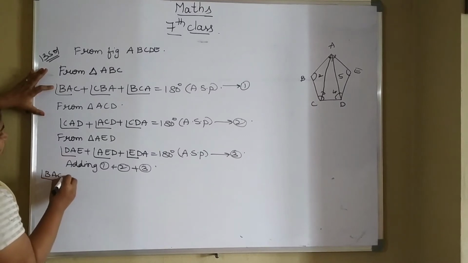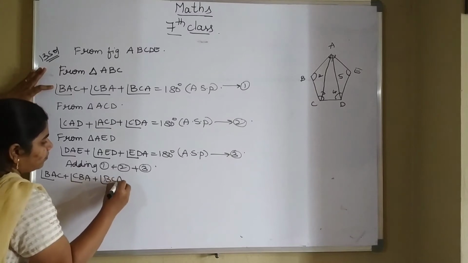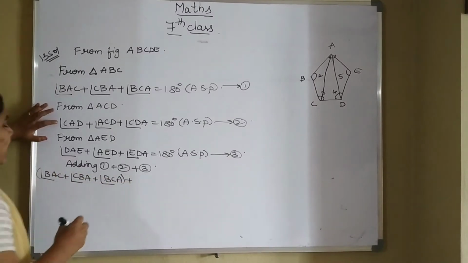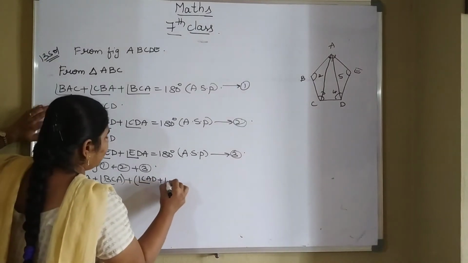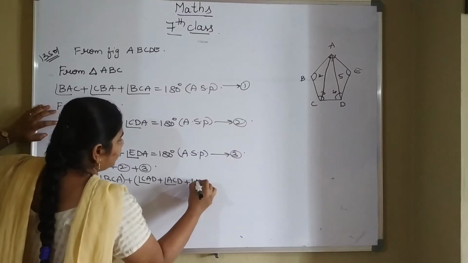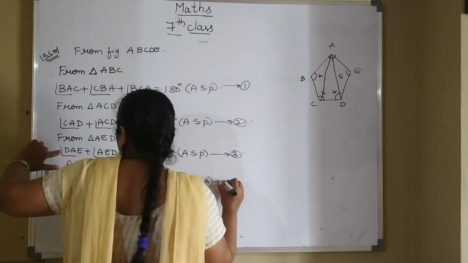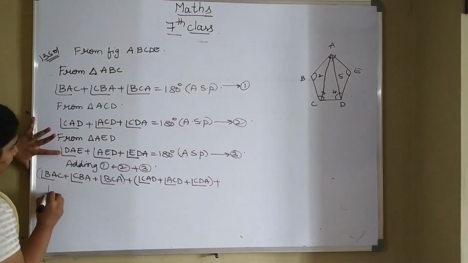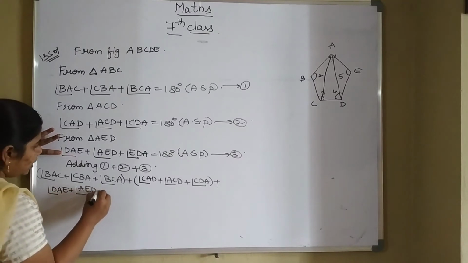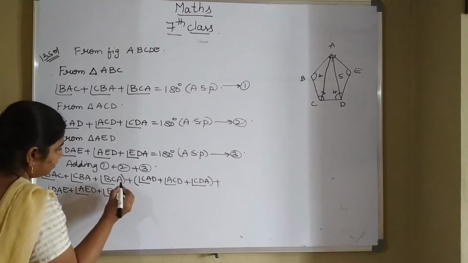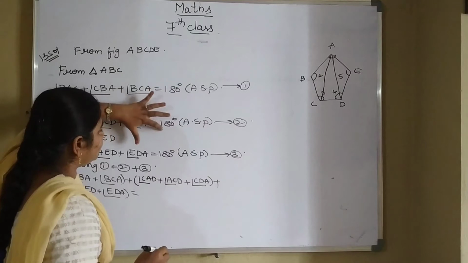Angle BAC plus angle CBA plus angle BCA plus, now this one, angle CAD plus angle ACD plus angle CDA plus, now this one, angle DAE plus angle AED plus angle EDA, that will be equal to 180 plus 180 plus 180.